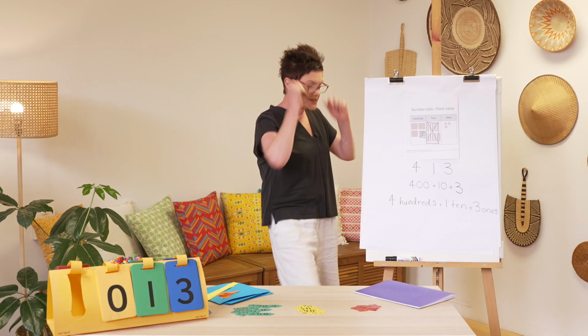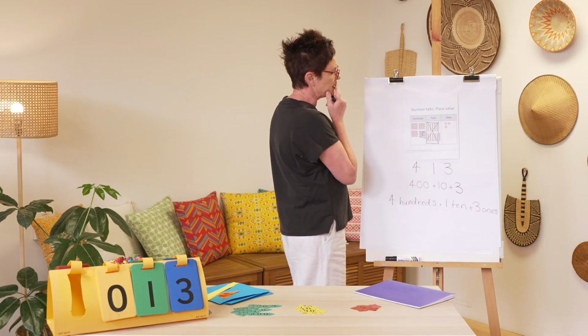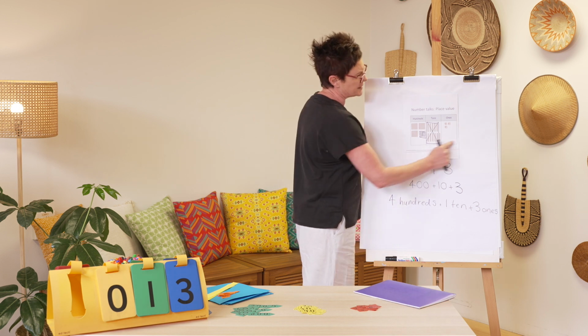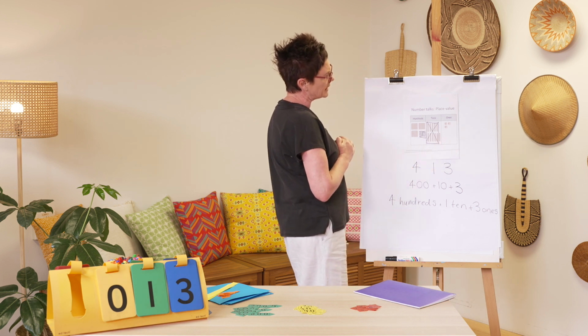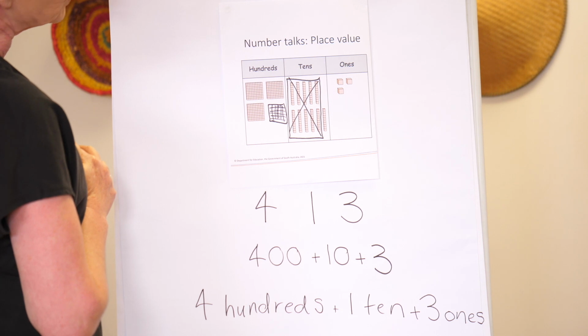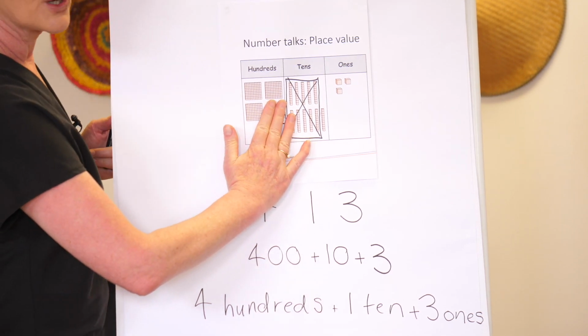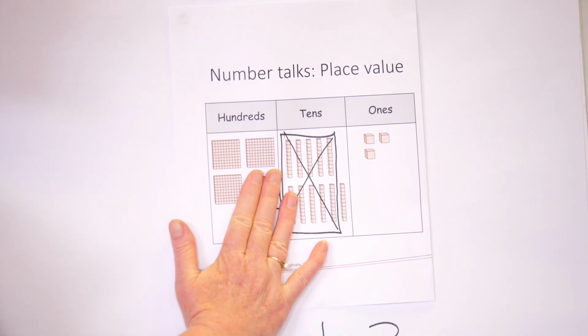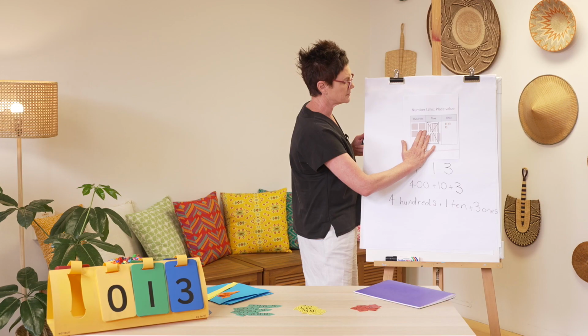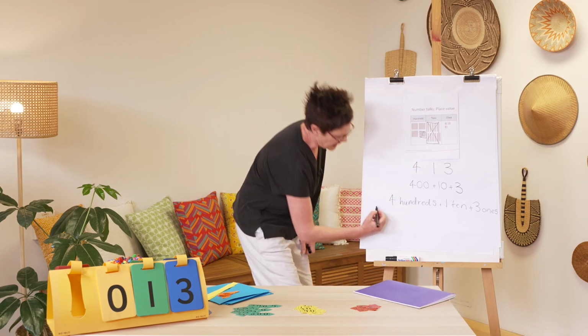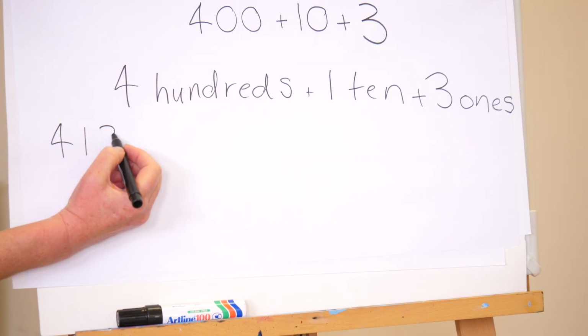Okay, thinking cap's still on. Let's think about this. What happens to this number if I take away 100? If I take away 100, what do I have left? Let's try it here. I had 413.